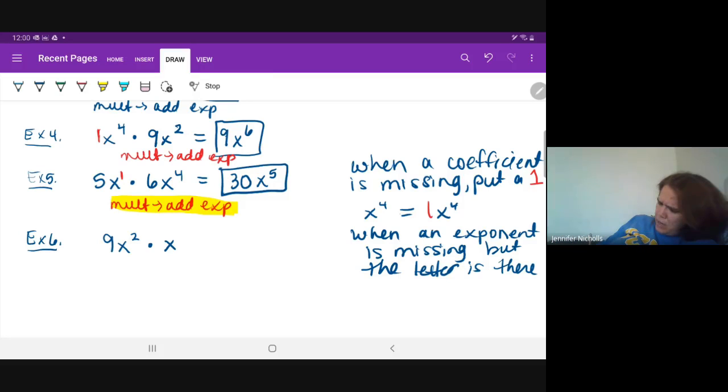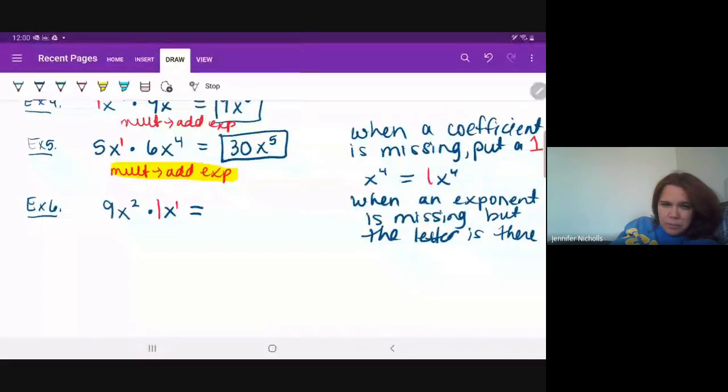So this would be a 1 in the front and a 1 in the exponent. And I do want you to write that in your homework tonight or today that you're going to be doing. Okay, so what's the answer to this one? Yep. Cool. Okay.